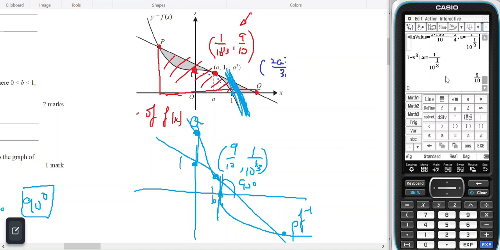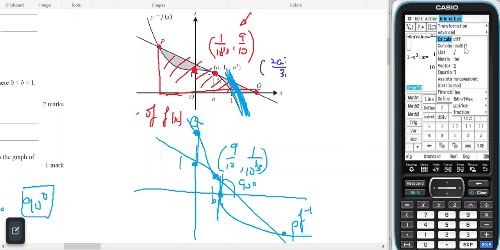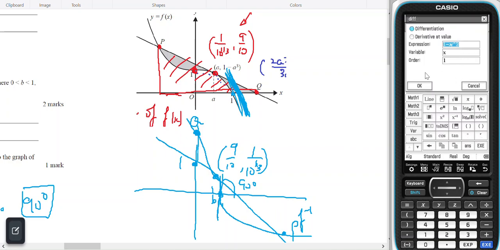So I need to take the derivative of that function, and that function is 1 minus x cubed. And I'll take the derivative of that. Derivative, diff.